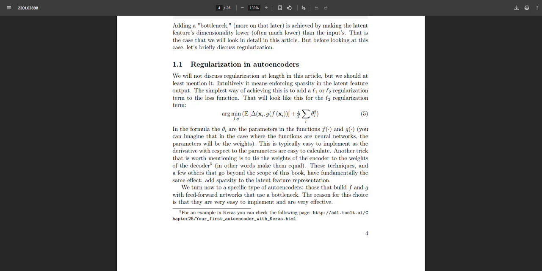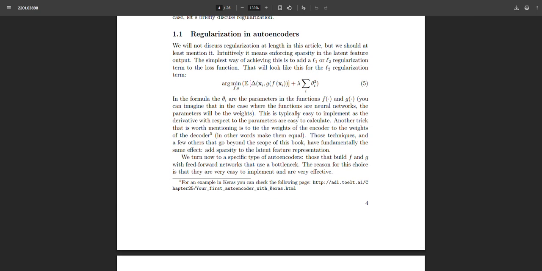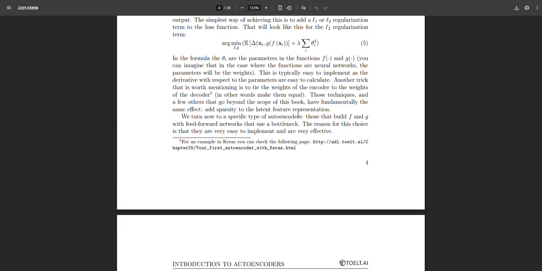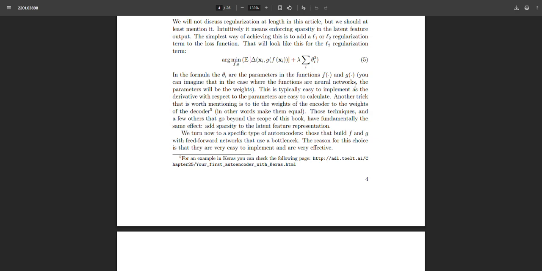By penalizing these weights, we force them to stay small, which promotes that required sparsity in the latent representation. Another interesting approach is to tie the weights of the encoder to the weights of the decoder, making them equal. These regularization approaches fundamentally achieve the same goal. They add sparsity to the latent feature representation, making the learned code more compact and meaningful.